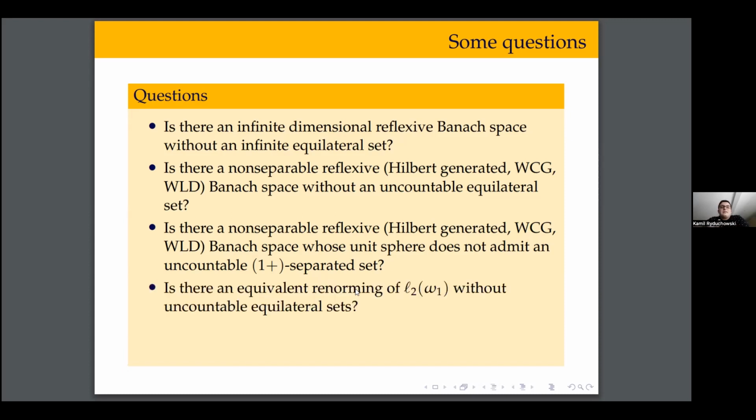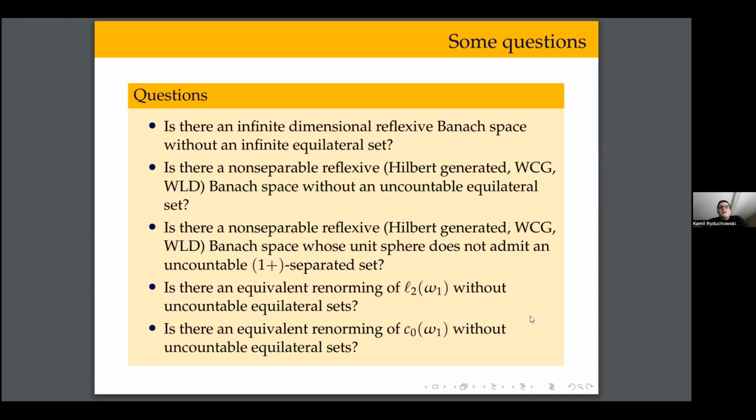The last question is, can you do in ZFC what we consistently did? So the renorming of precisely L2 omega 1 without uncountable equilateral sets. And the last question, is there an equivalent renorming of C0 omega 1 without uncountable equilateral sets?